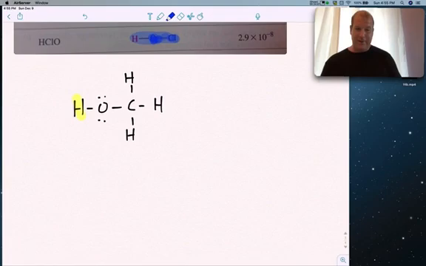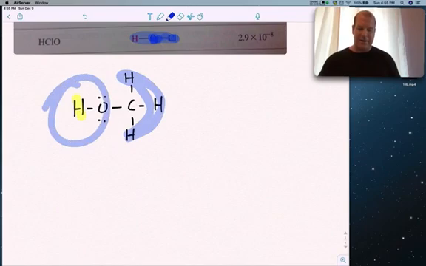Also, you'll learn about this in organic chemistry, if you take it. You'll refer to something as an acidic hydrogen. So these hydrogens on methanol are not acidic hydrogens. This hydrogen in the OH group is an acidic hydrogen. So this is reactive.